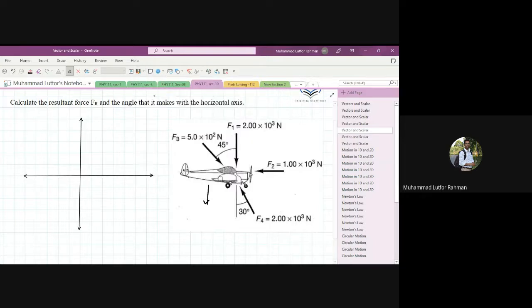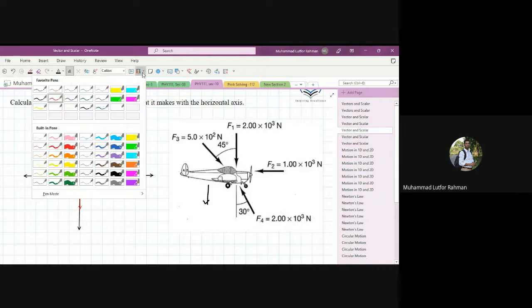Say one vector would be towards that direction, which is basically F2. This is F1. I extended that part, which is F4. And this is your F3. I labeled the vectors in that way. You can do that: I just shift the origin of the vector without changing the direction.